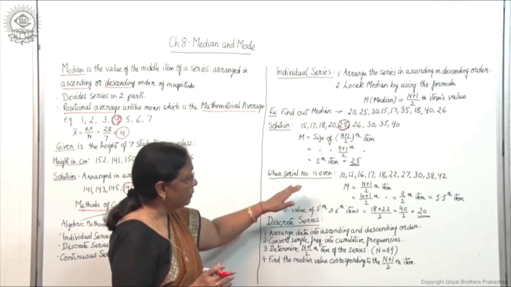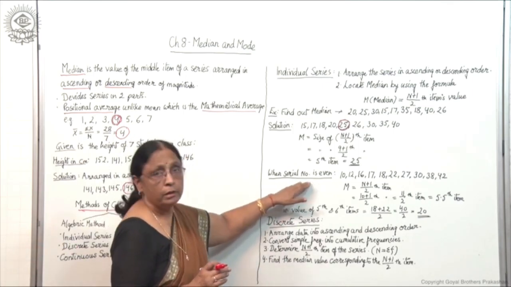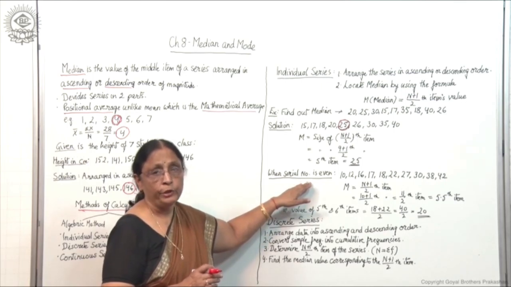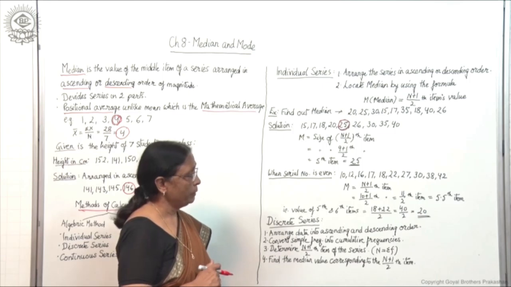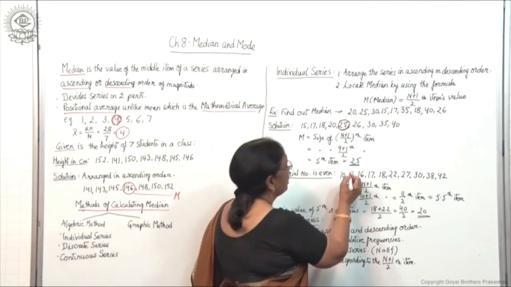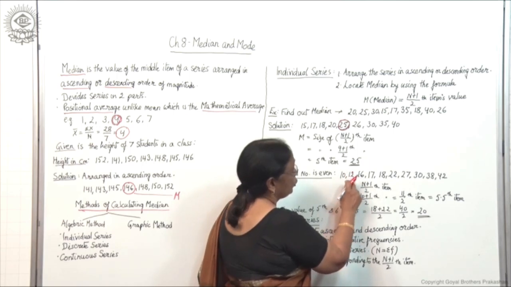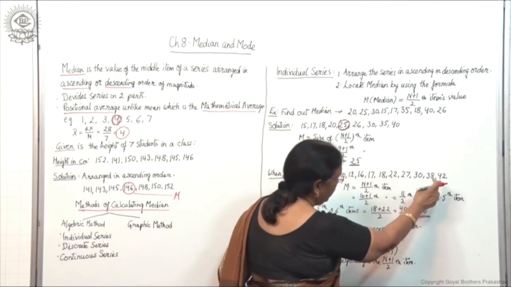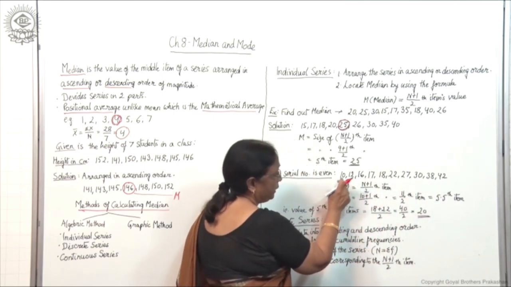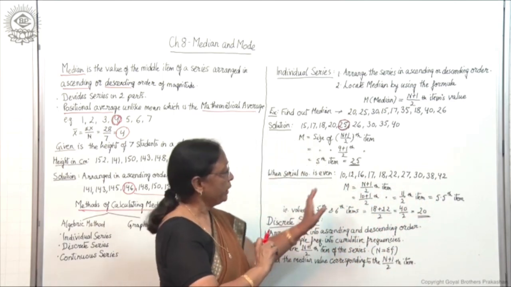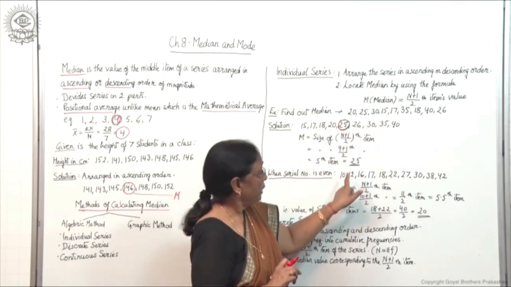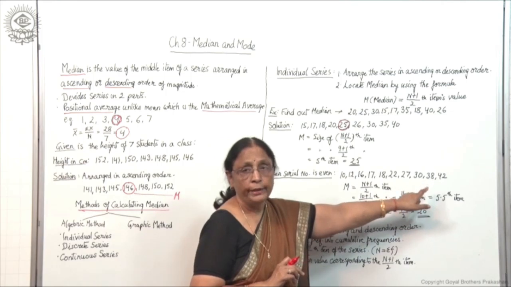So when the even number is given, then how to calculate median, this I will explain to you with the help of an example. Now here the data is given, this is 10, 12, 16, 17 and so on. These total are 1, 2, 3, 4, 5, 6, 7, 8, 9, 10. Total are 10 figures here. Here it were 9 only. Here the total number of items are 10.